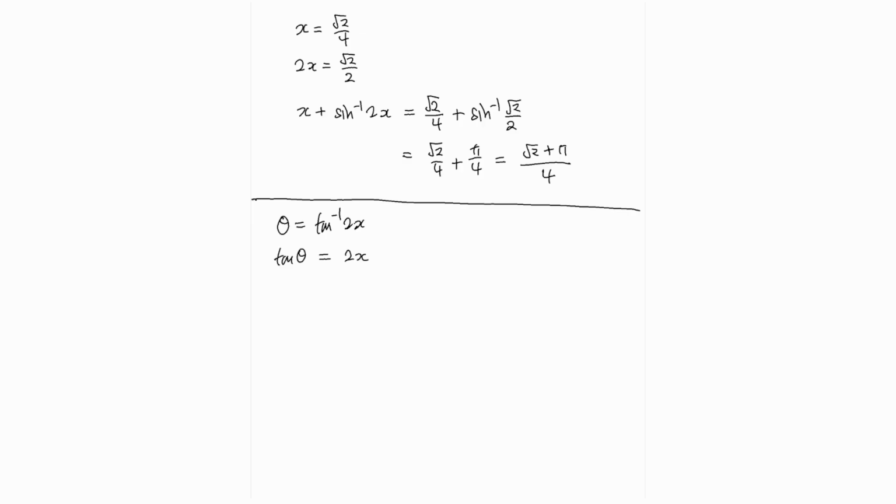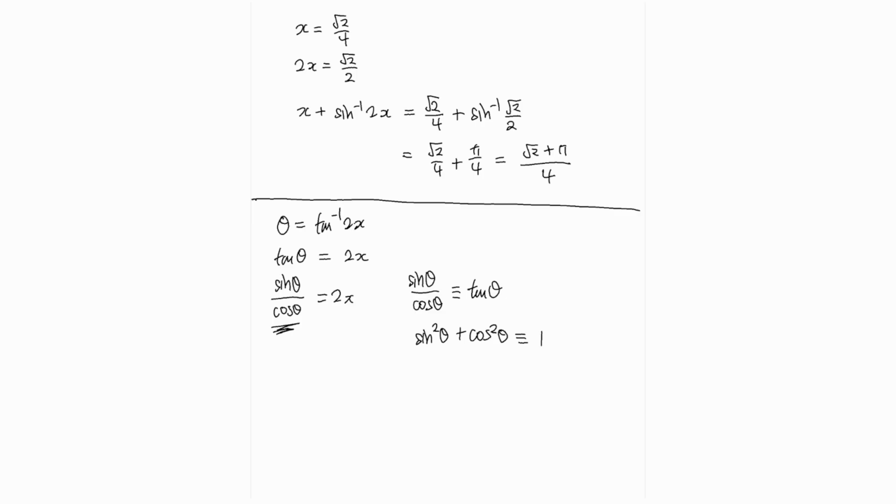And we think back to the identities that we need to know for TMUA, where we can use the first one here to perform the next step, where we get sine theta over cos theta is equal to 2x. You'll see why we do this in a second. The reason we do this is because we already know the cos theta value, right?